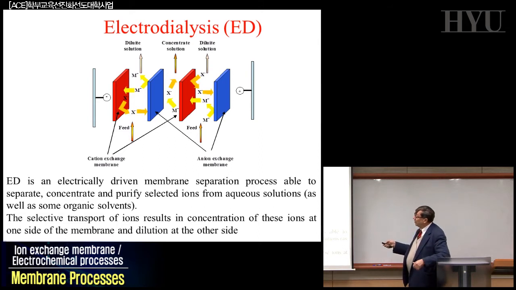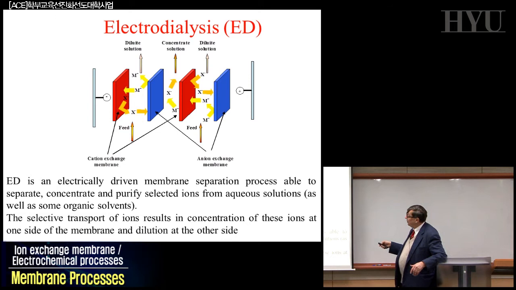So we dilute all these compartments, we concentrate in this compartment, we dilute again in this compartment. Now you can put together all the dilute solution going out in one pipe and all the concentrate solution in another pipe. On one side you are producing brine, which means a concentrated salt solution, and on the other side you are just producing water.